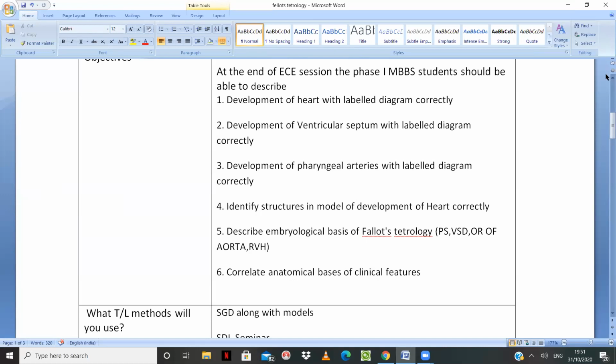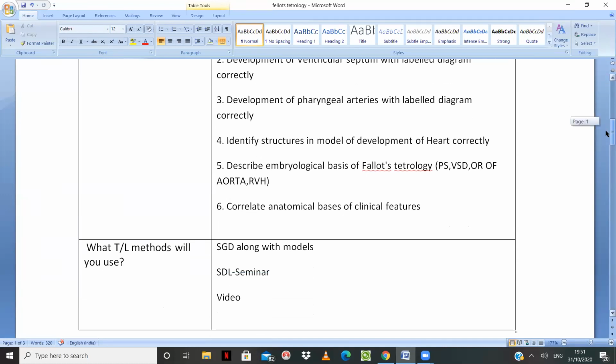So these are the objectives of the module.